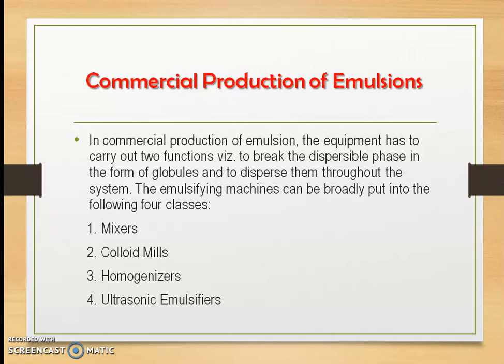In commercial production, the equipment has to carry out two functions. First, we need to break the dispersible phase into globules and disperse them throughout the system. The emulsifying machines can be broadly put into the following four classes: mixers, colloid mills, homogenizers, and ultrasonic emulsifiers.